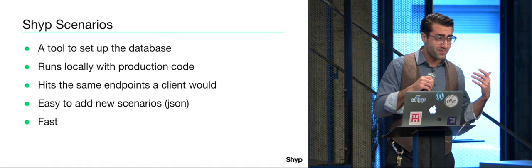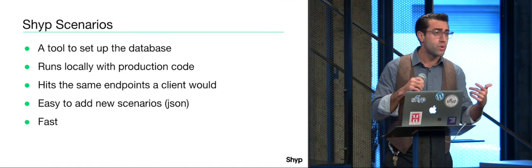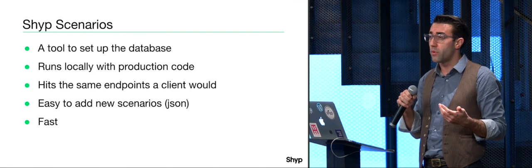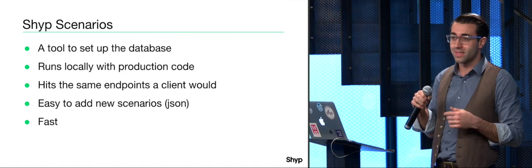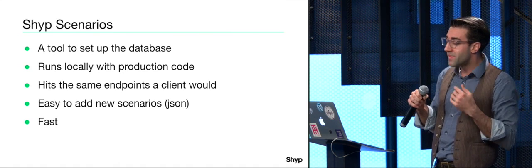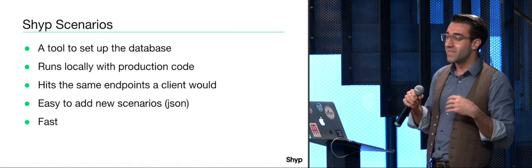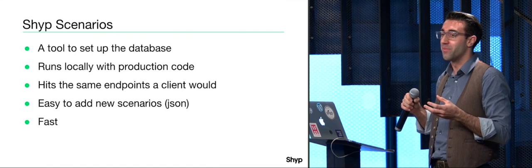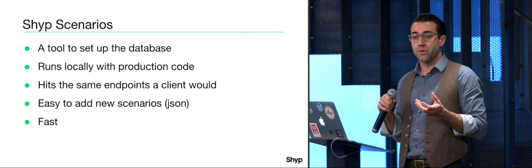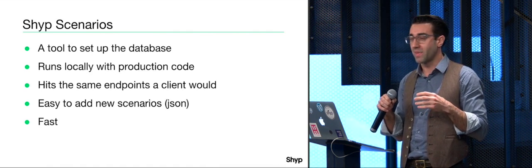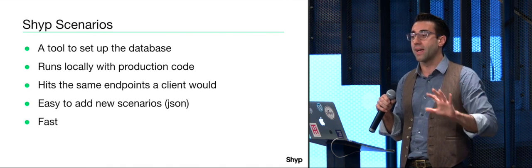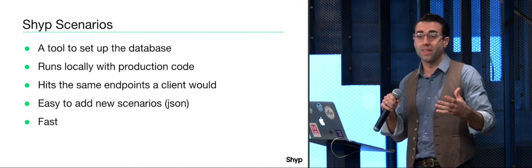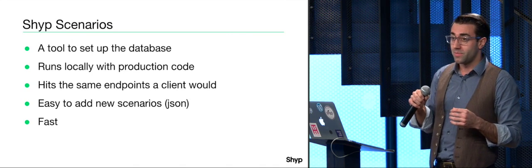And so this tool hits the same endpoints that the client would otherwise. So it's doing GET requests, PUT requests, POST requests in exactly the same way as the client would, which is pretty good for stability. It means that we don't have any complicated database structures to set up. We let the API handle all of that for us in the way that it would in production.